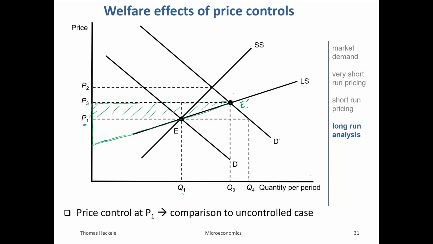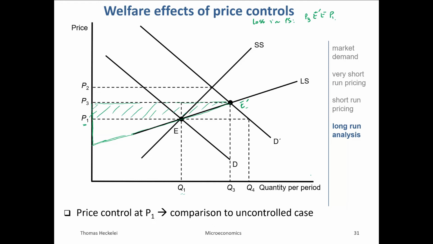He lost this area. So that is the loss in producer surplus, PS, which is the area P3, E prime, E, P1. Now, that is one thing.